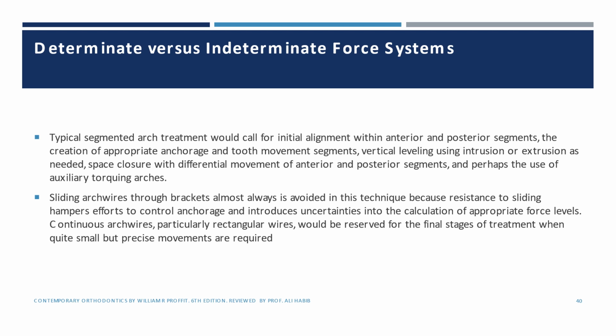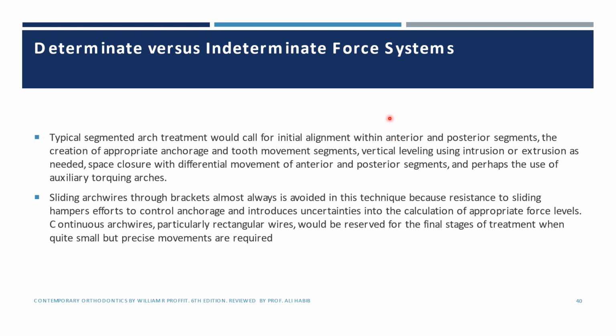Typical segmented arch treatment would call for initial alignment within the anterior segment and posterior segment. So we start by extraction, and then align the anterior segment alone, and then the posterior segments each one alone.